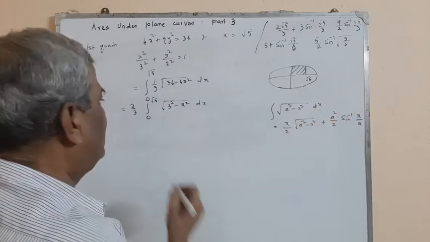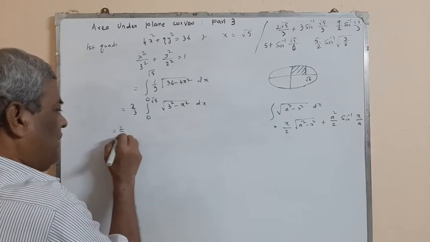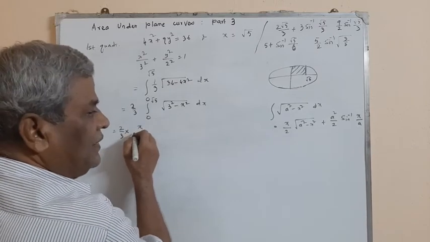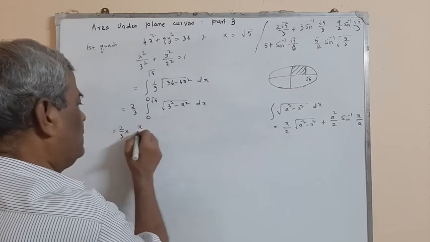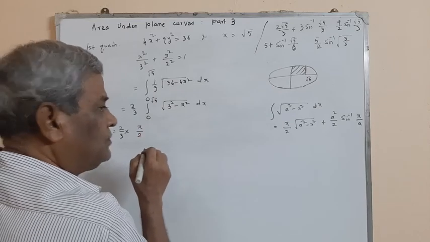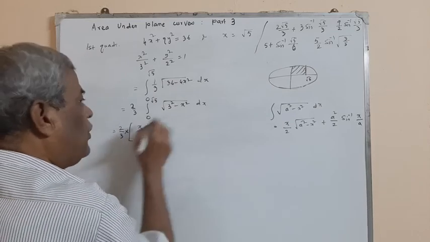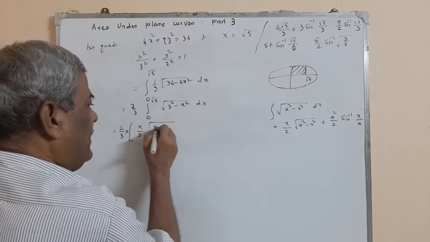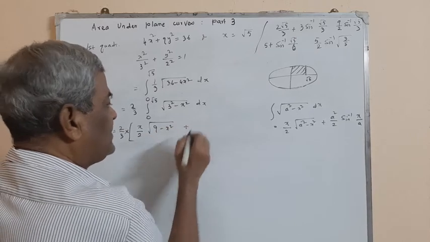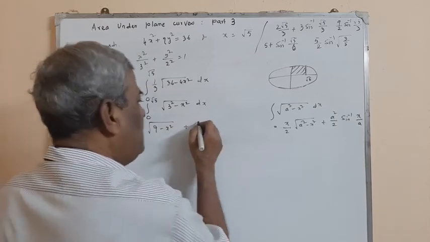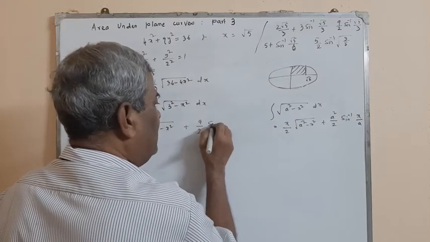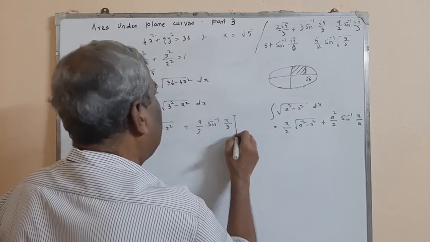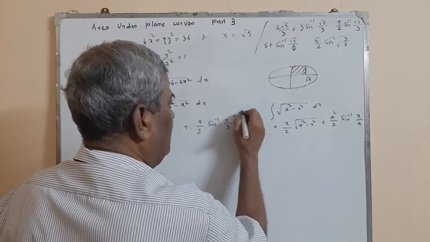So here it is 2 by 3, taken common, into x by 2 into root over 9 minus x square, plus 9 by 2 into sin inverse x by a, with limit from 0 to root 5.